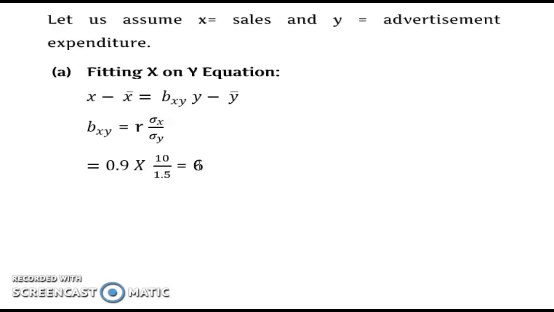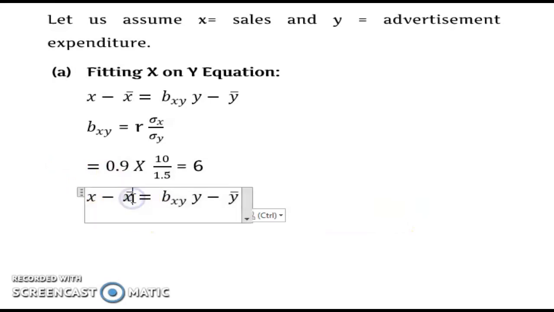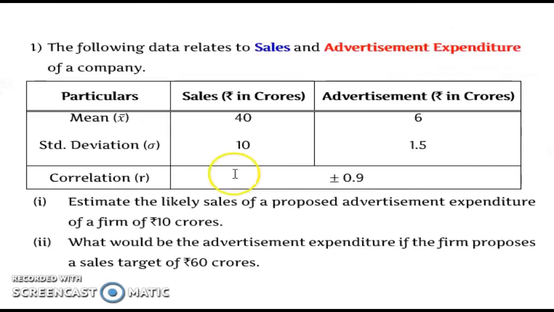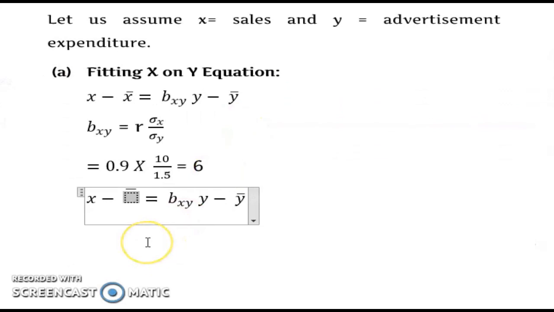Next, we have to substitute into this equation to fit the x on y equation. So we will be substituting the values. We need the x bar value. x bar is the mean; sales is x, advertisement is y, so x bar is 40.